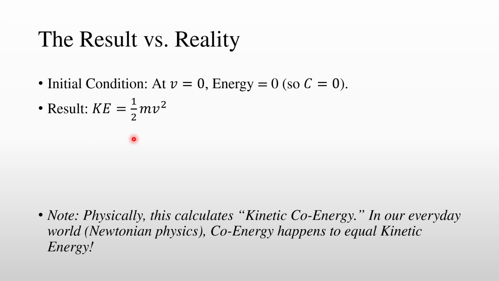I guarantee you it will not work, so please do not use it there. This is just a mathematical trick, a happy coincidence that makes it so in classical mechanics that the kinetic co-energy is numerically equal to the actual kinetic energy.